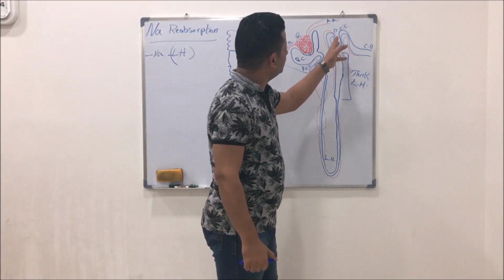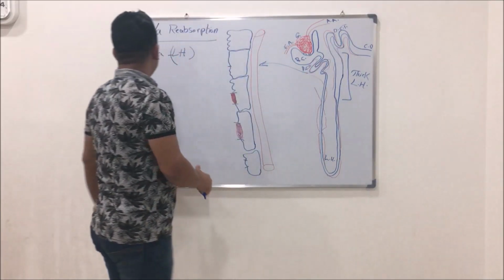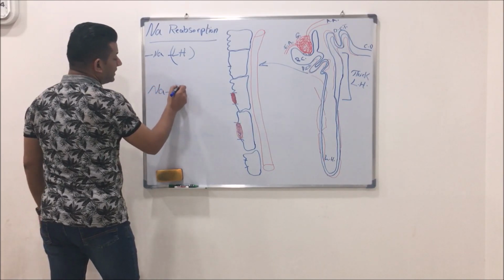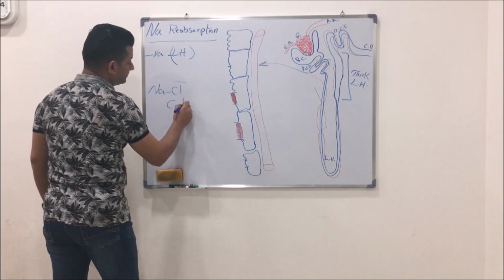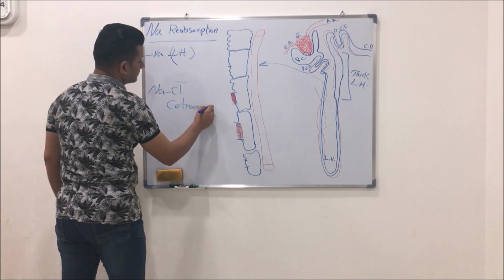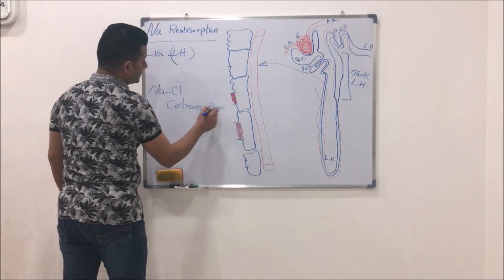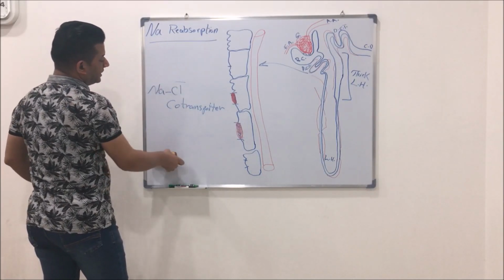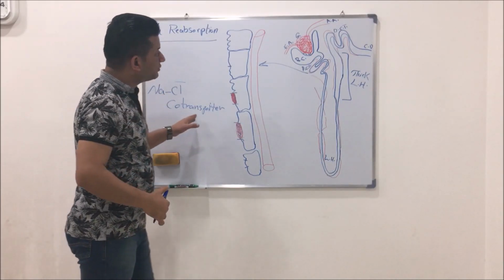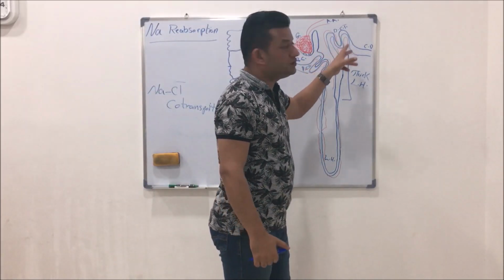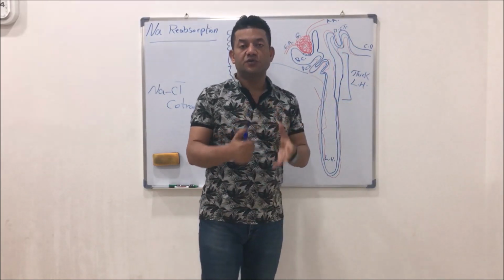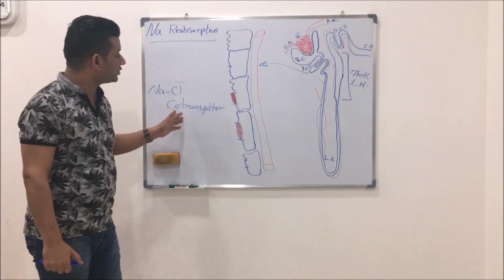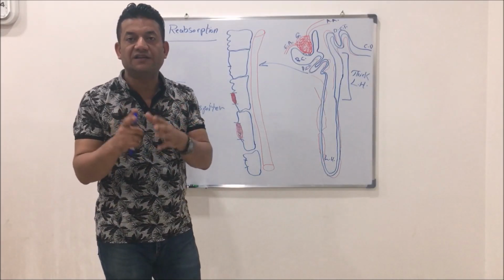In the distal convoluted tubules, sodium is reabsorbed by the sodium chloride co-transporter. Here it is a specific co-transport protein. In the distal convoluted tubule, the absorption of sodium occurs by this mechanism, the sodium chloride co-transporter, not sodium chloride driven force.